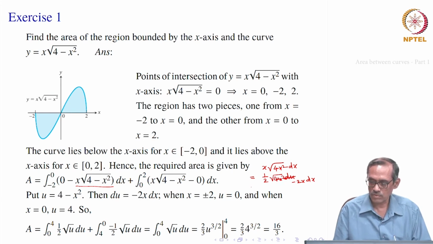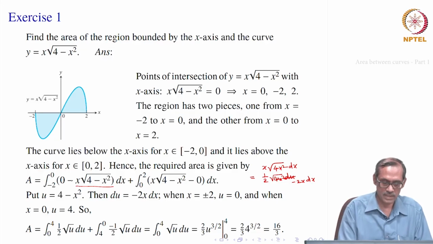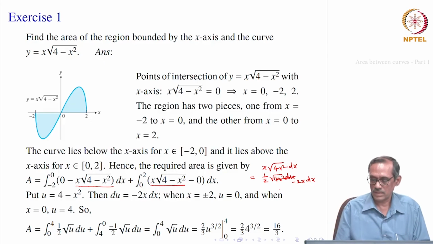So, your 2 cancels and you get that minus sign here also, right, minus x. So, first integral is all right, it is minus x square root of 4 minus x square, this is half square root of u du, and the other one is x into square root of 4 minus x square. So, that gives minus half. So, this is really for the minus sign, you get minus half square root of u du.